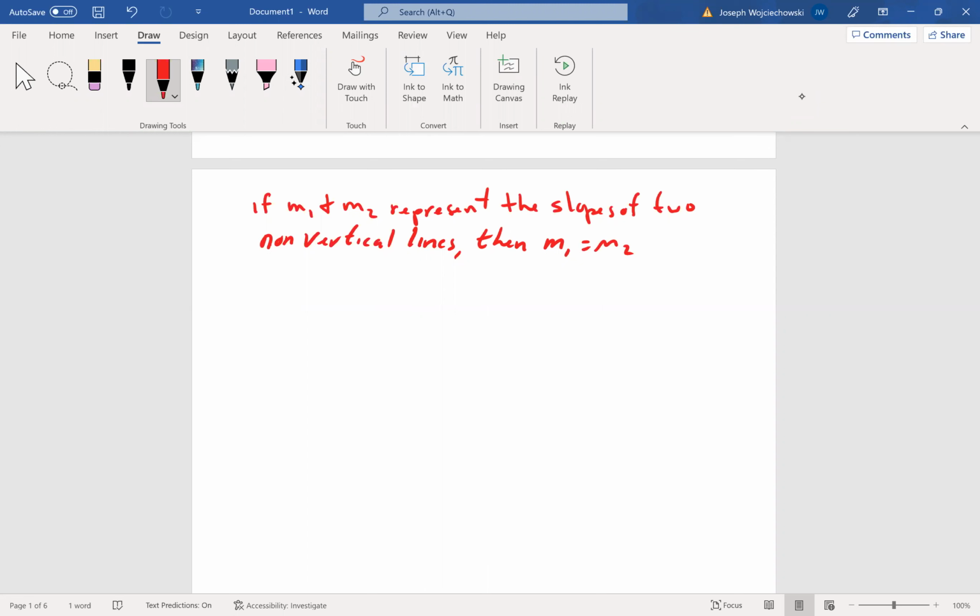The reason they can't be vertical lines is because, if you remember, vertical lines do not have a slope. So essentially what this is saying is, if I have two lines and they're not vertical, and they have the same slope, they are parallel. Non-vertical, that's where I forgot, parallel. So two non-vertical lines that are parallel will have the same slope.